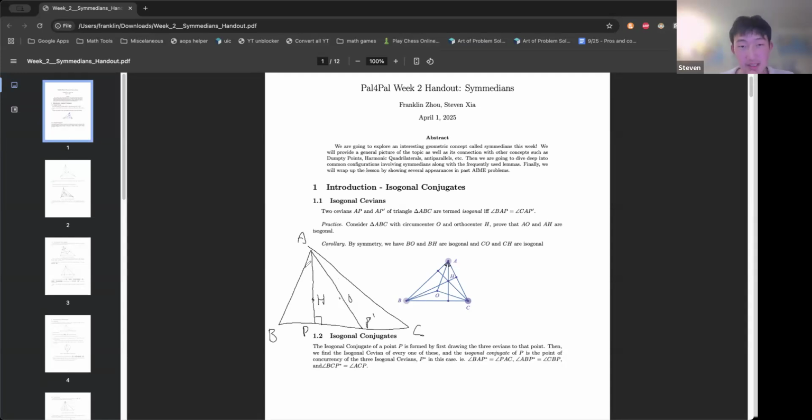Okay, why? How do you prove that? Could anyone help us prove that angles BAH and CAO are the same? Because knowing this just means that these two are isogonal Sevians.